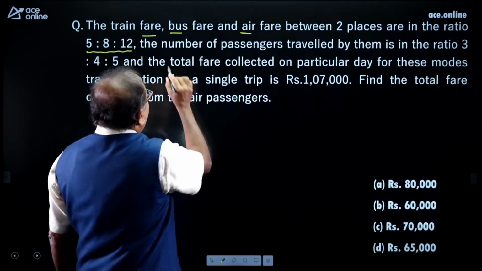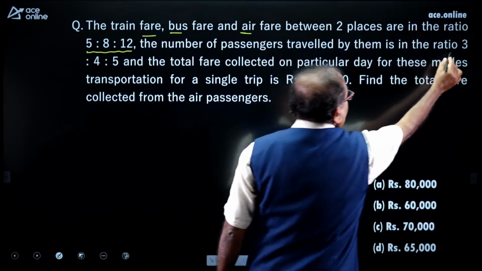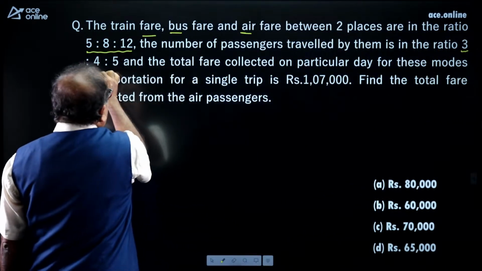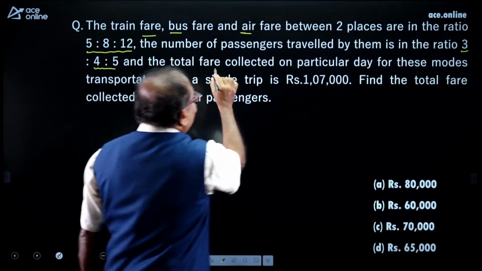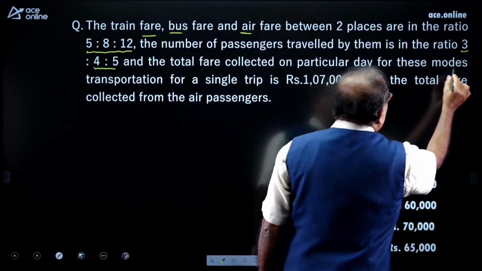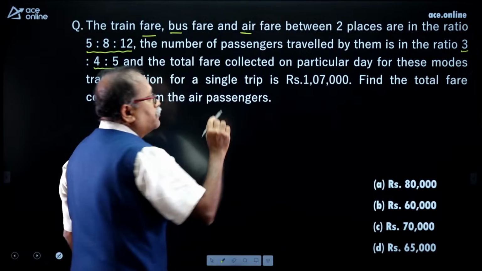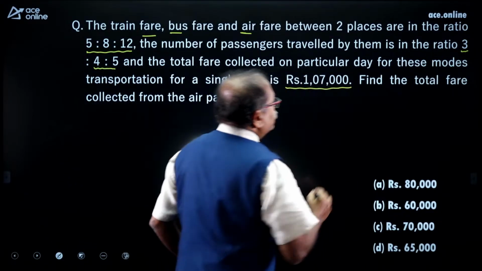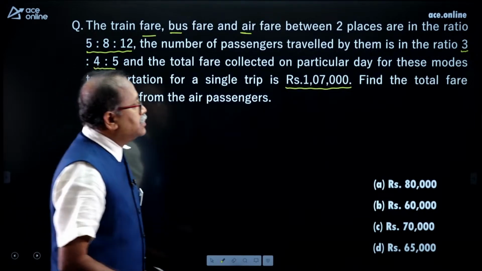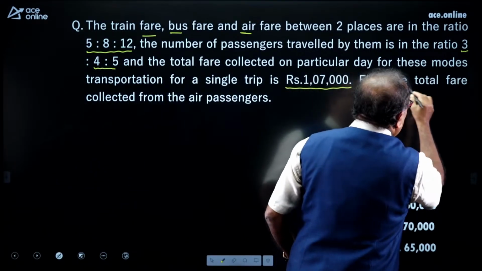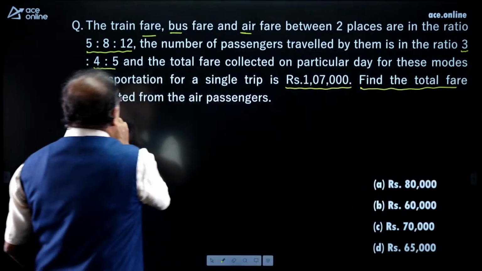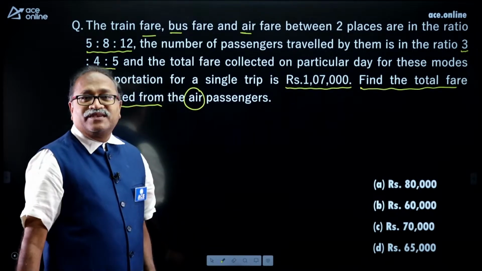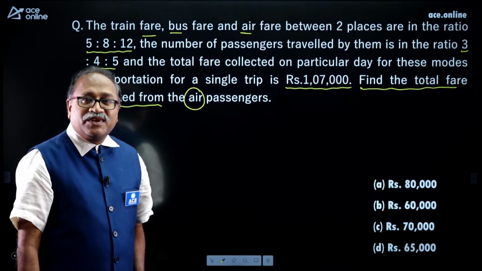And the number of passengers traveled by these is in the ratio of 3:4:5. And the total fare collected on a particular day through these three modes of transportation is rupees 1,07,000 in a single trip. Now, what is the question? Find the total fare collected from the air passengers. Can you answer the question, my dear friends?